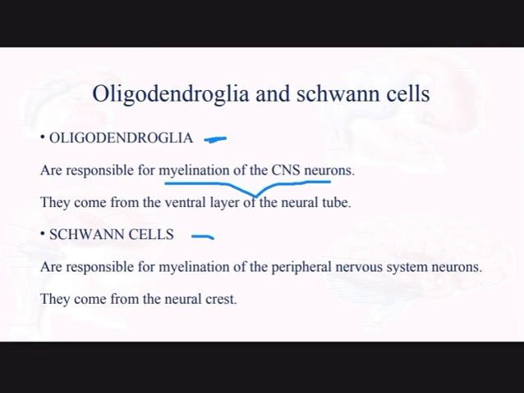They came from the ventral layer, okay, the ventricular layer of the neural tube. بينما Schwann cells زي ما قلنا they are responsible for myelination of the peripheral nervous system. They come from the neural crest. تتذكرون أي شيء له related لل PNS peripheral nervous system it comes from the neural crest. واضح؟ It's different than what we have from the central nervous system because this comes from the ventral layer.